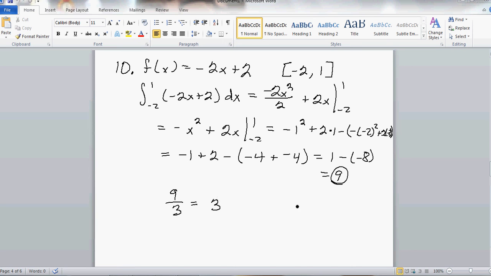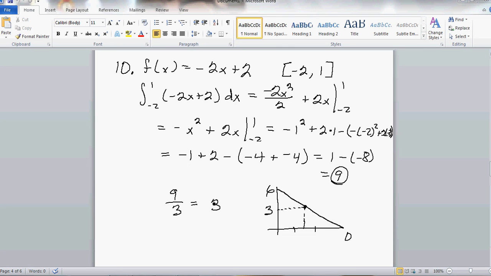Now this should not take too much disbelief, because if we went from 6 to 0 over 3 units, and it doesn't matter where it's at, you know, if it's between negative 2 and 1 or 0 and 3 or whatever, if we go from 6 to 0, and since this is a straight line, the average would be right in the middle, which happens to be at the value of 3.